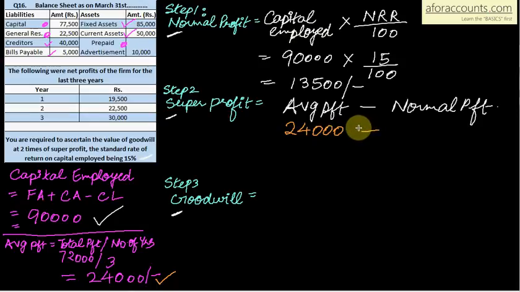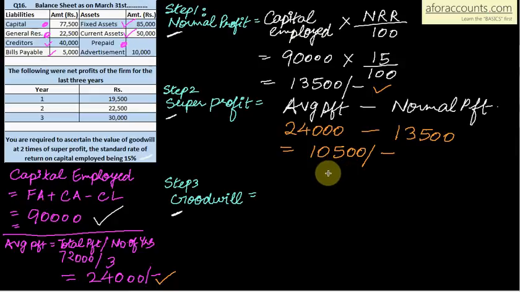Normal profit is what other businesses in the industry generally earn. So normal profit is 13,500. So average profit minus normal profit, what we earn over and above the normal profit, is our super profit. So that comes up to 10,500.